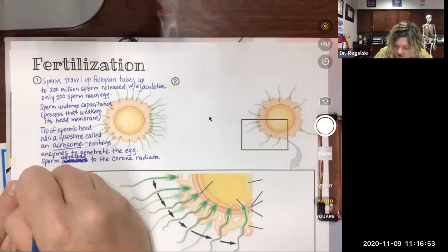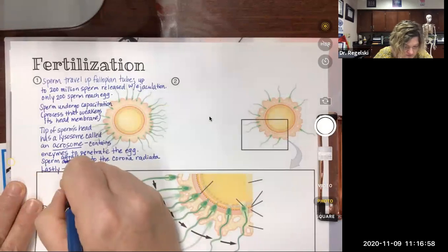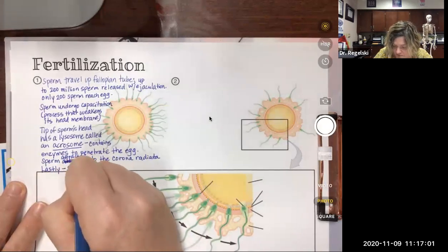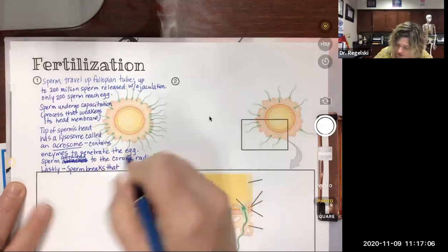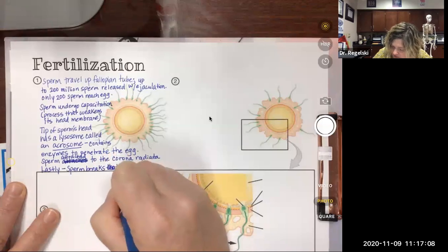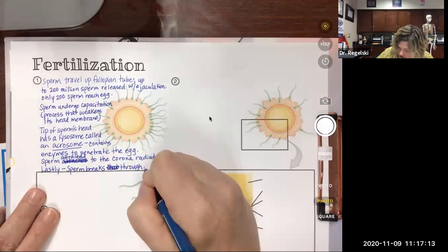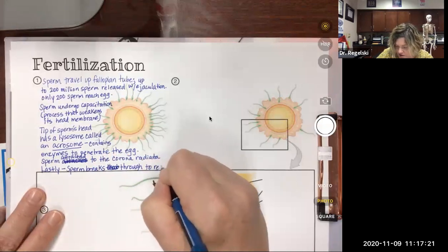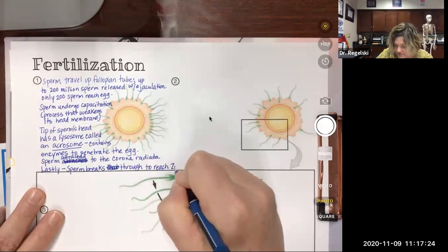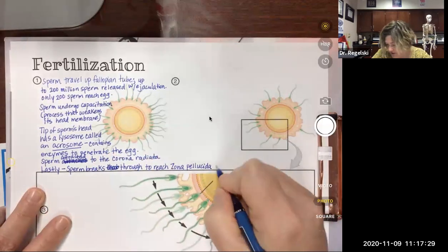And lastly, for step one, the sperm breaks through the corona radiata cells to reach the zona pellucida, which I'm going to write out a couple of times.